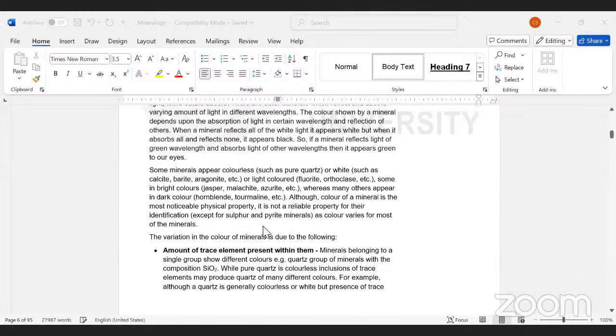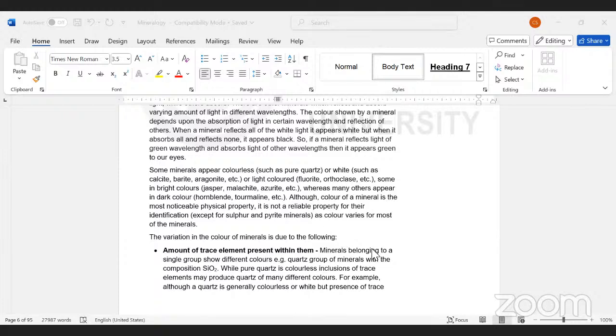You see some of the minerals we have seen, like quartz, is colorless. Calcite, barite or aragonite are also colorless or light color. Then we have seen fluorite, orthoclase, jasper, malachite, and in future you'll definitely get knowledge about this.